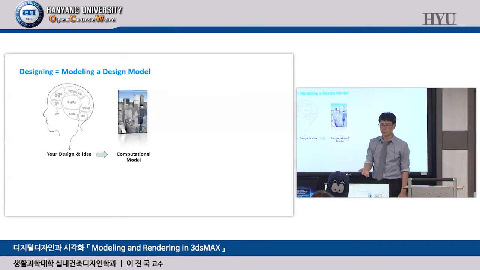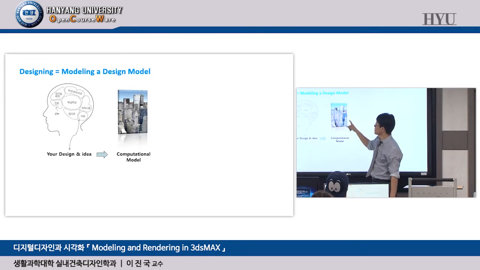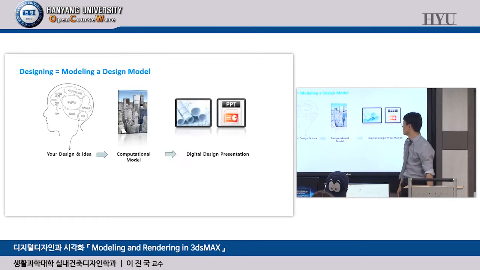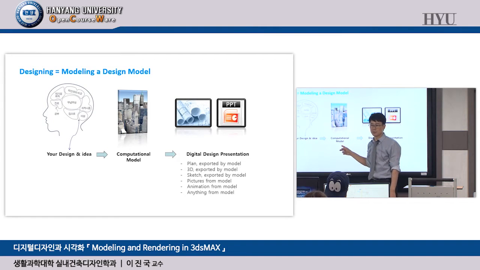Next semester, if you learn Revit, that's going to be a Revit model, okay? If you want to use an ArchiCAD file, or Rhino file, Grasshopper model, whatever it is, that's going to be your computational model. And digital design representation, presentation, things, plan, 3D, sketch, animation, anything for design representation can be extracted from your computational model. Okay, what if we don't have this model?